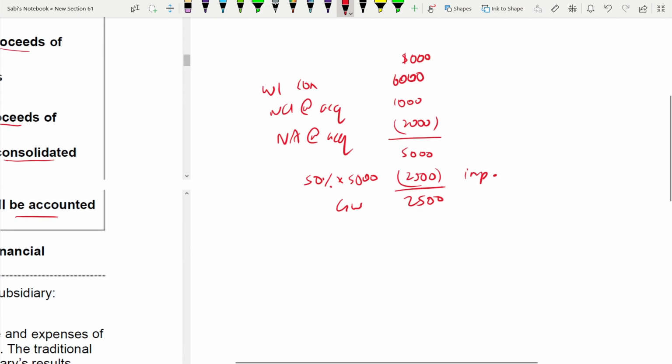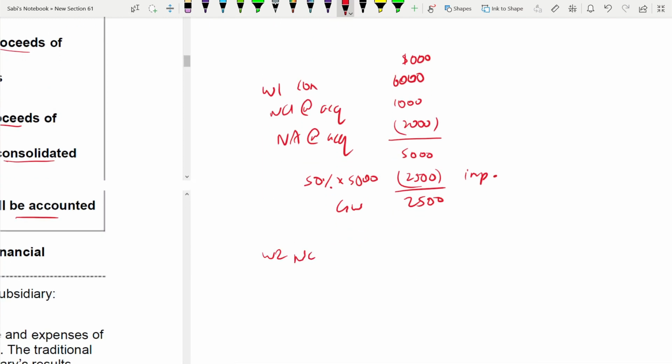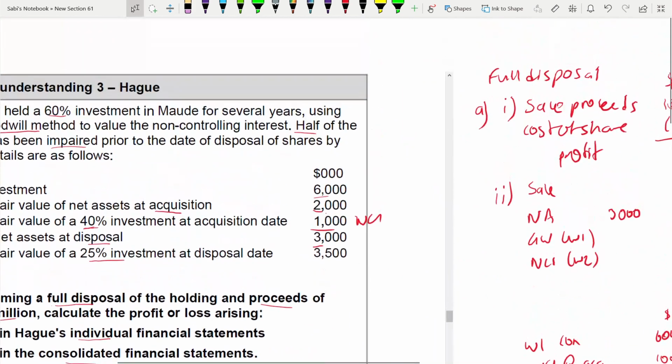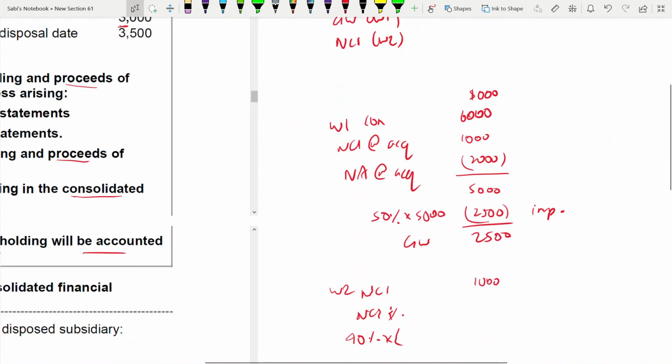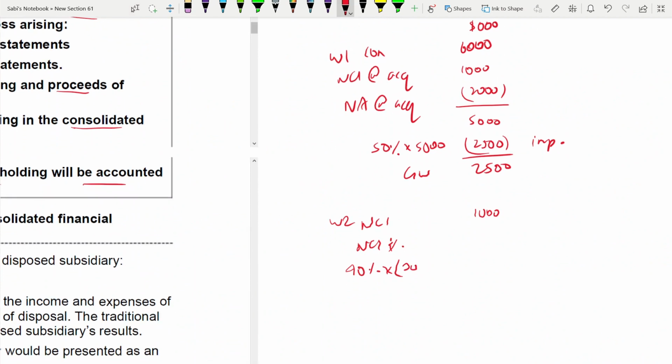Now working 2, NCI. NCI at acquisition is 1 million. Then we have the NCI percentage of post acquisition share, that is, the retained earnings basically. So 40% will be NCI of the changes in the net asset. Net asset at disposal is 3,000 and net asset at acquisition is 2,000. The movement in your net asset is always the post acquisition profit, which will be 400.